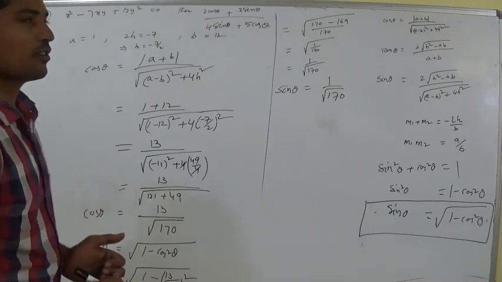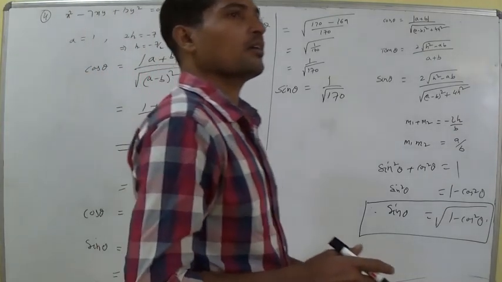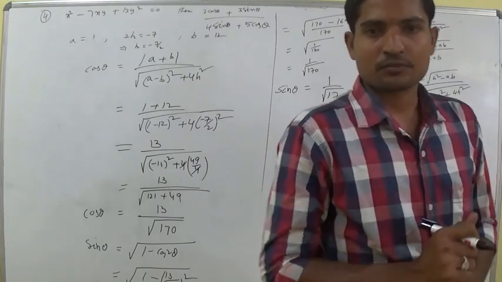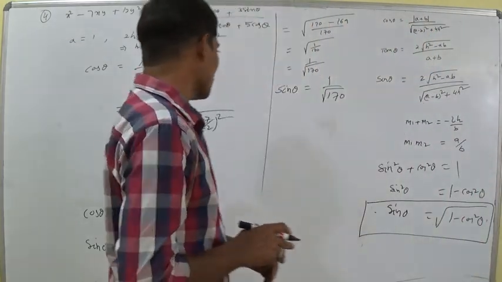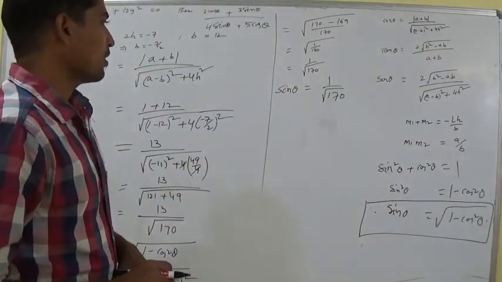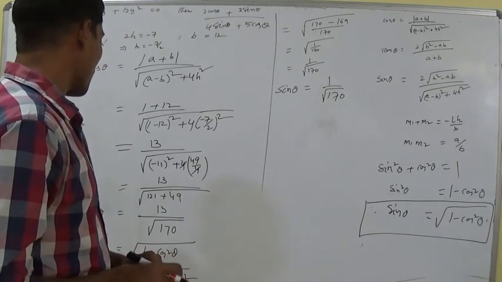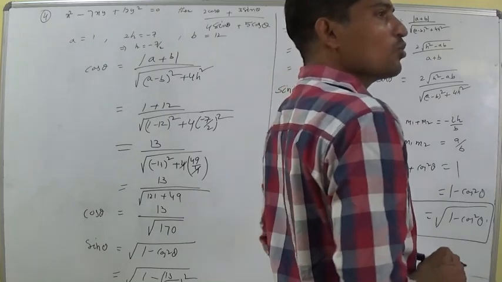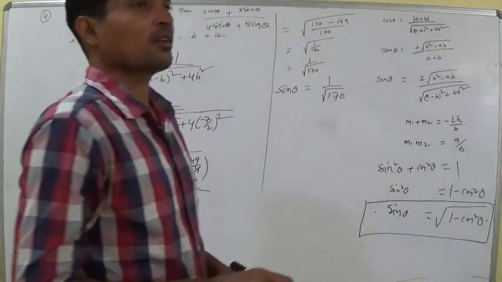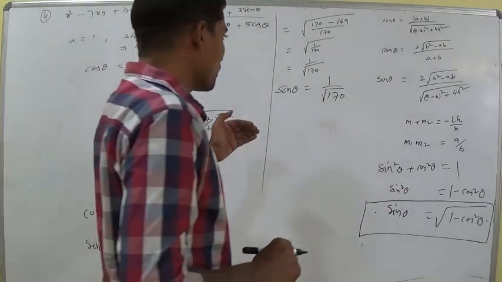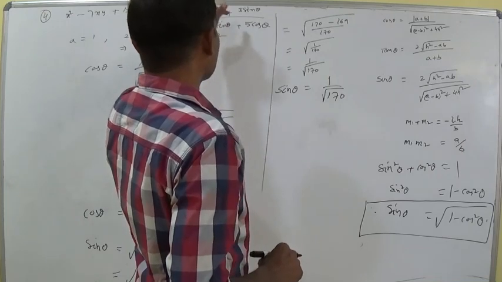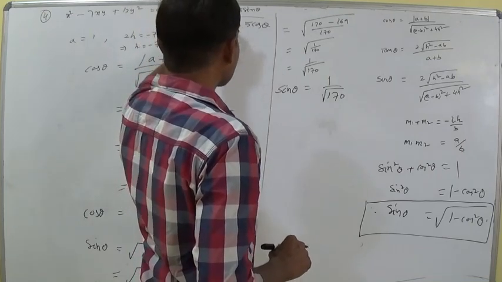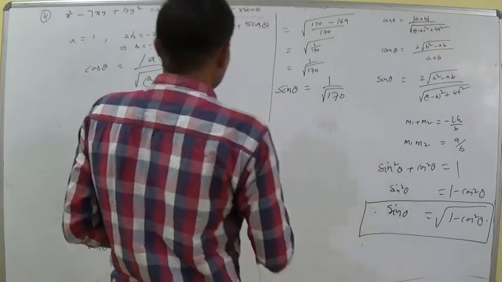We got two values here, sin theta value and cos theta value. Sin theta is equal to 1 by root 170 and cos theta is equal to 13 by root 170. These two values we substitute here, and we can get that value.